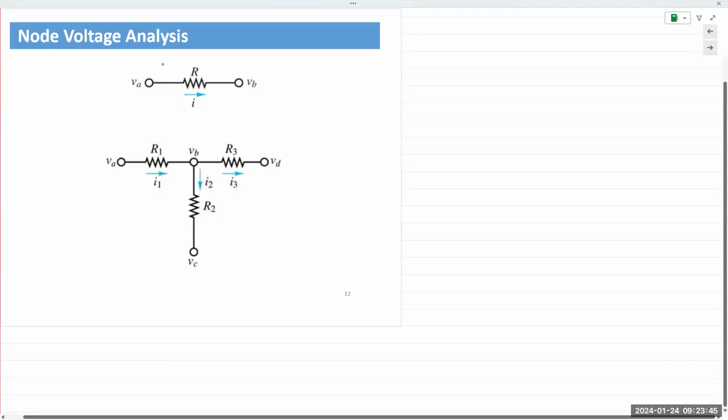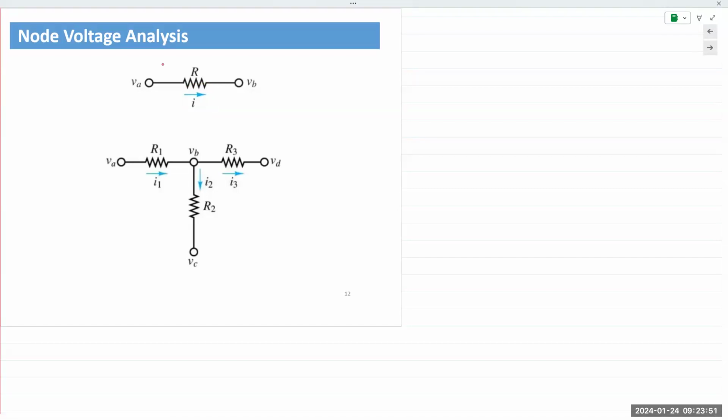My current is flowing from left to right. Which end is positive? Which end is negative? Left or right? Left side, right? Point of entry is always positive. So voltage VR has a polarity of plus on the left and minus on the right.